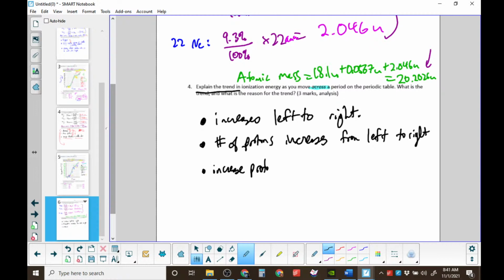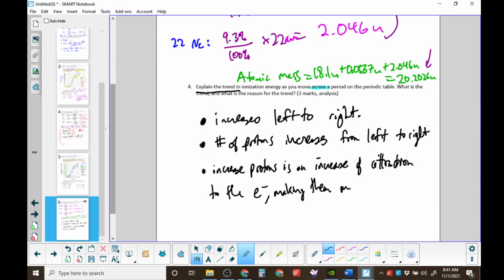An increase of protons is an increase of attraction to the electrons, making them more difficult to remove. So these are the two things that are involved, and that's how those things interact.